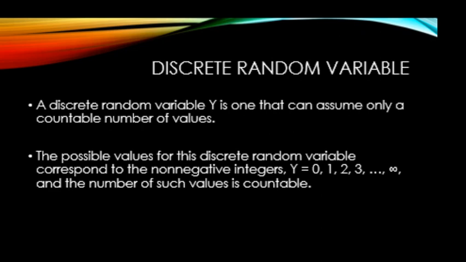So for our discrete random variable, y, we will assume that it can take only a countable number of values, just like how we've defined the discrete variable. Now, these discrete values will be only non-negative integers, and the value of y can be 0, 1, 2, it can go all the way up to infinity, but it has to take some countable values. It cannot take decimal values, and it cannot take any negative values.